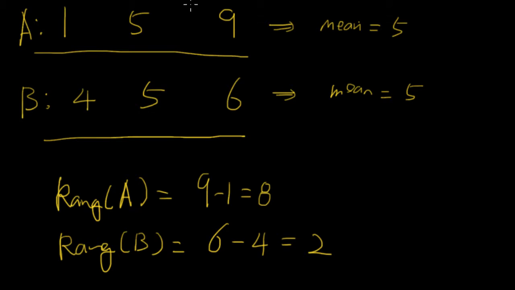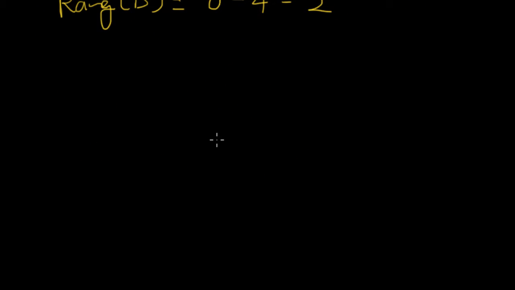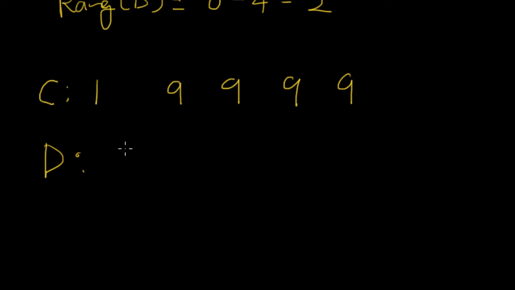It kind of works for a data set like this, but what if we have a data set, say C, as 1, 9, 9, 9, 9, right? 5 data points. And we have another data set, say D.